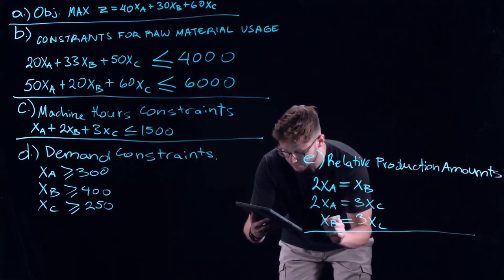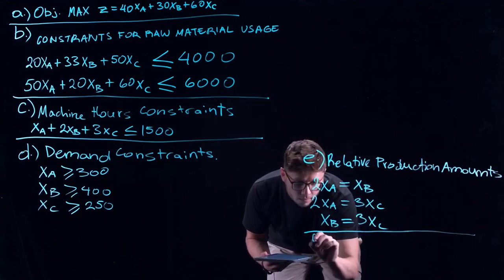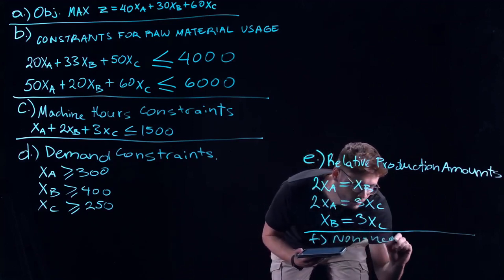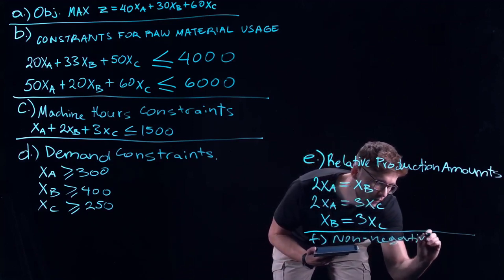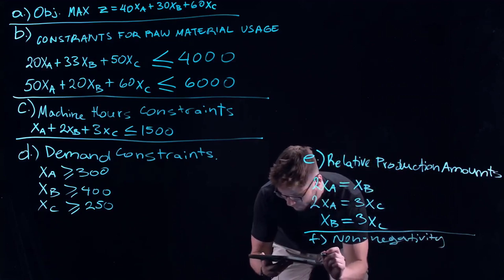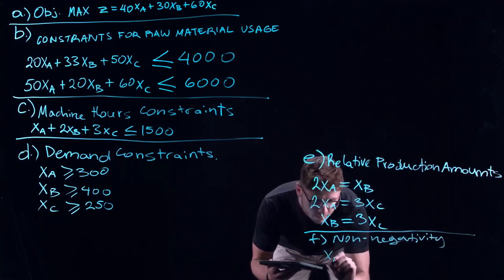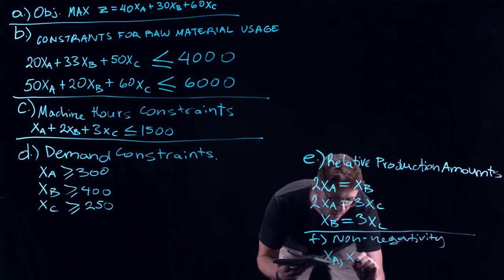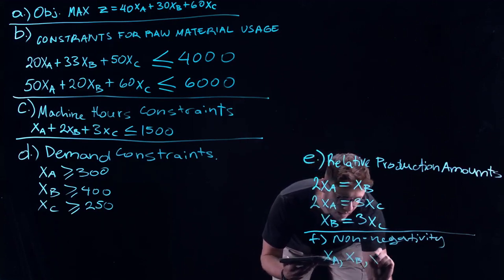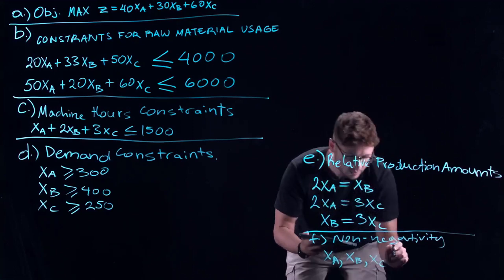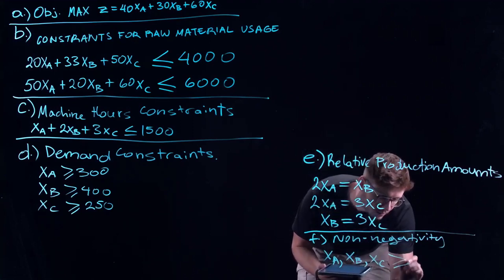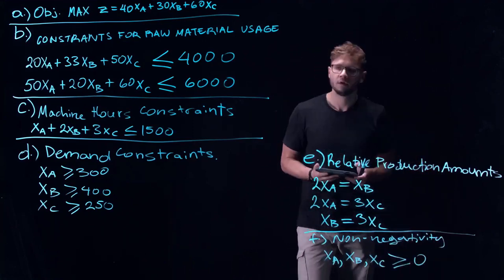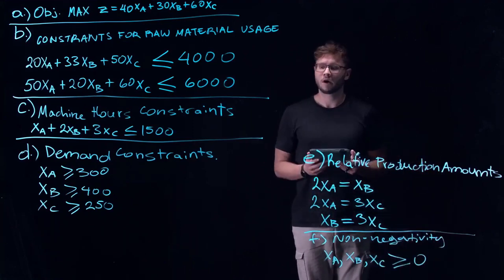And these are obviously very simple. It's question F, non-negativity. These will just be xa, xb, and xc, our three decision variables, must all be bigger or equal to 0. And here's the entire modeling problem.